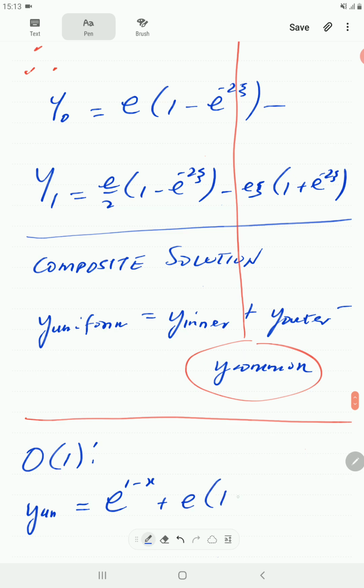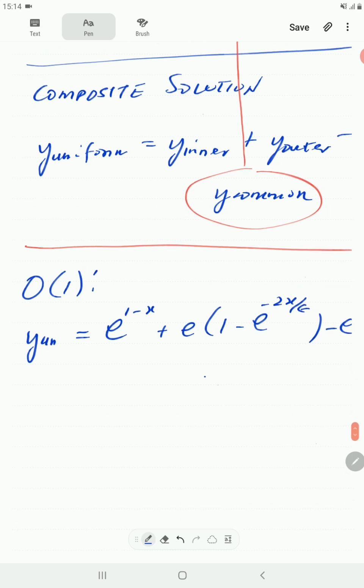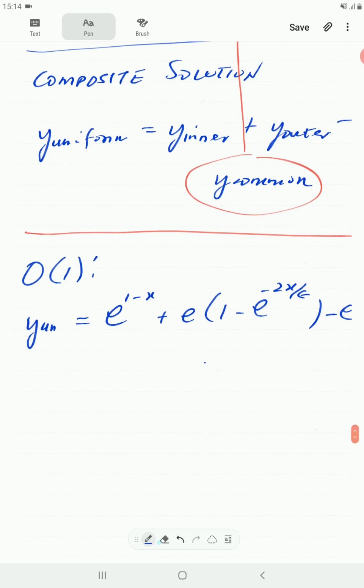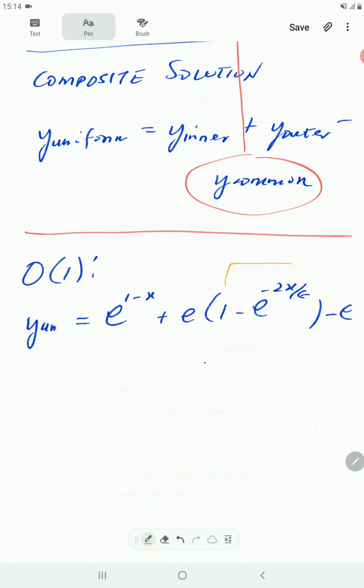So e brackets 1 minus e to the minus 2x over epsilon. Remember that xi is x over epsilon. Okay, then take away the common term, which is e. Okay, so when we do that, then these two terms are going to cancel out.